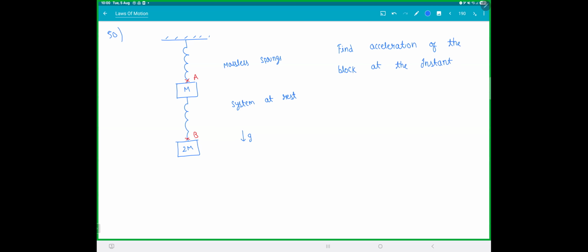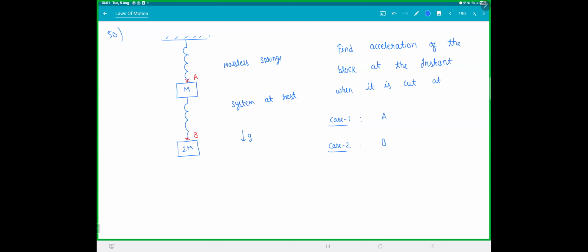At the instant when it is cut: case 1, you're cutting at A. Case 2, you're cutting at B. Two different questions. If you cut the string at point A, find the acceleration of block m and 2m. Second question, if you cut at B, find the acceleration of block m and block 2m.